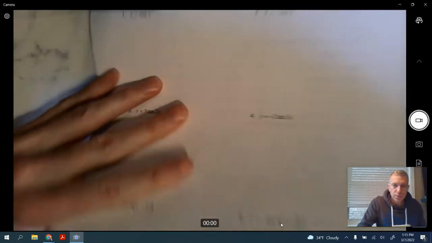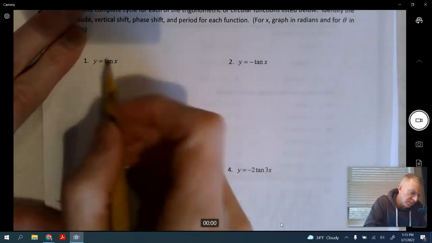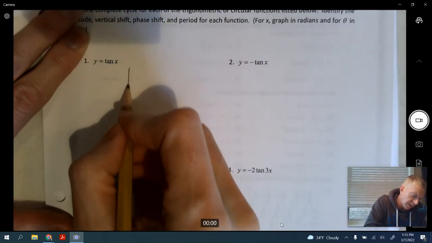We're going to go through this one fairly quickly because the very first one on this page we actually just did. But I want to show you how you're typically going to graph these and how you want to practice these. So a tangent function, you know the period is pi.